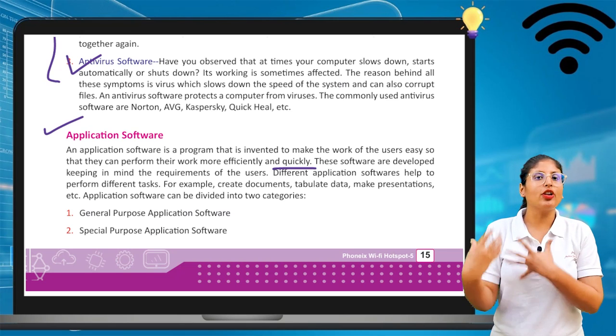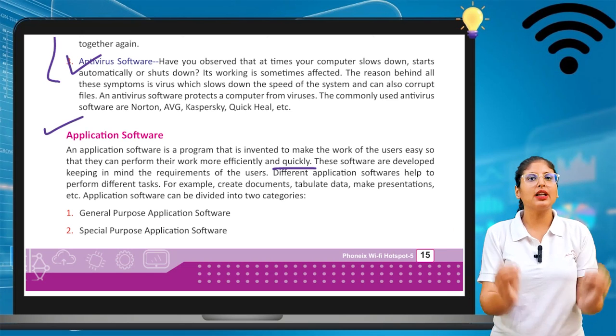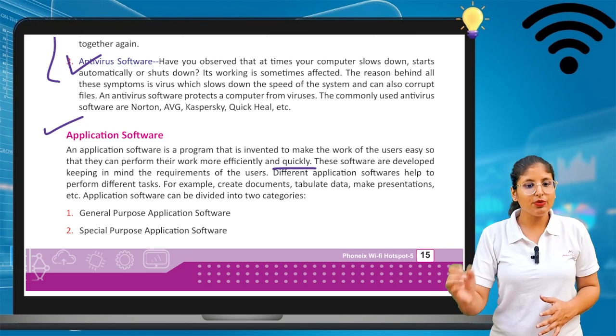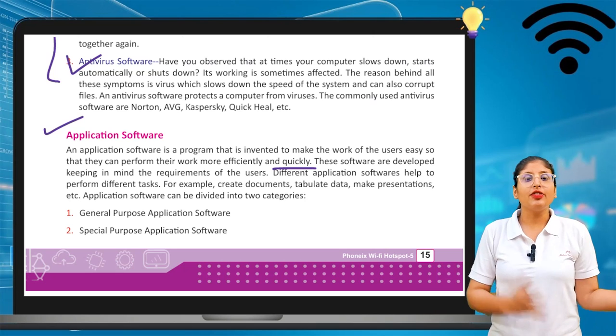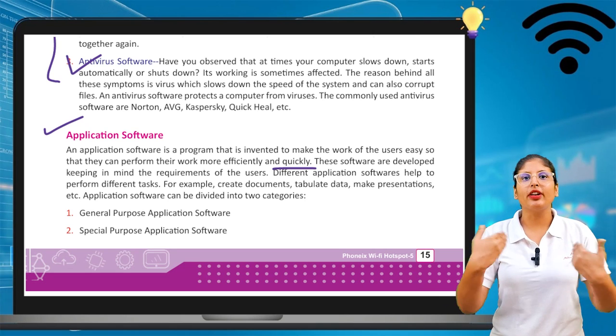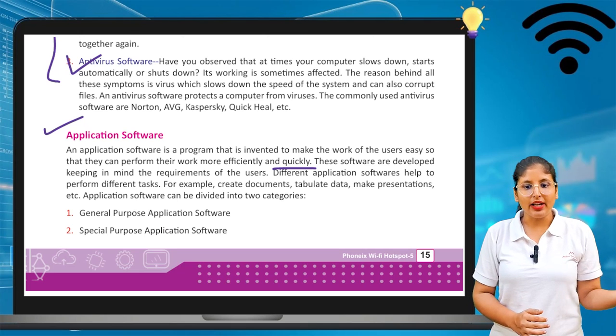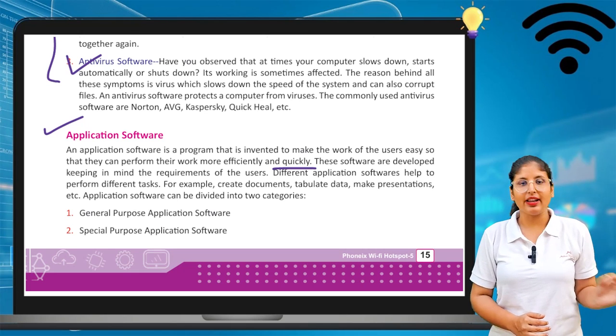Different application software help to perform different tasks, for example, create documents, tabulate data, make presentations, etc.